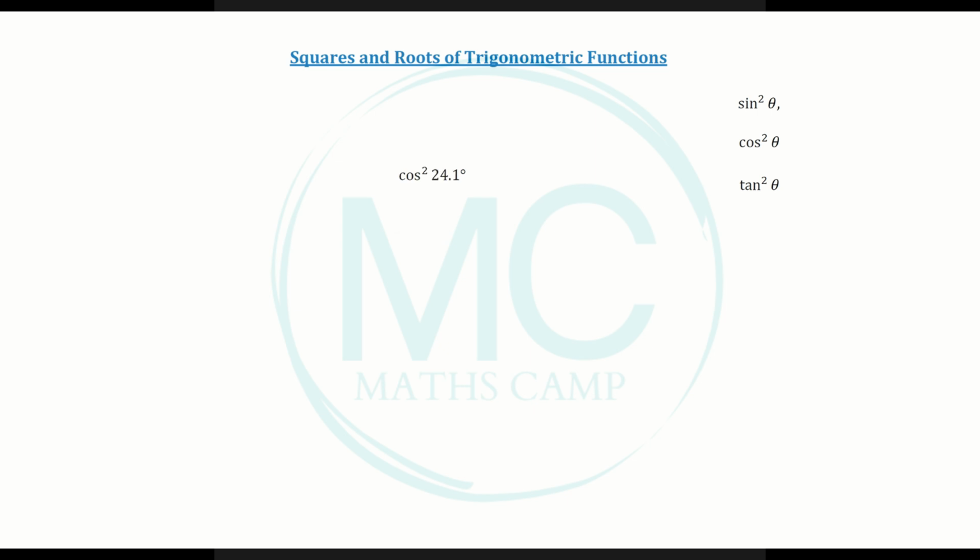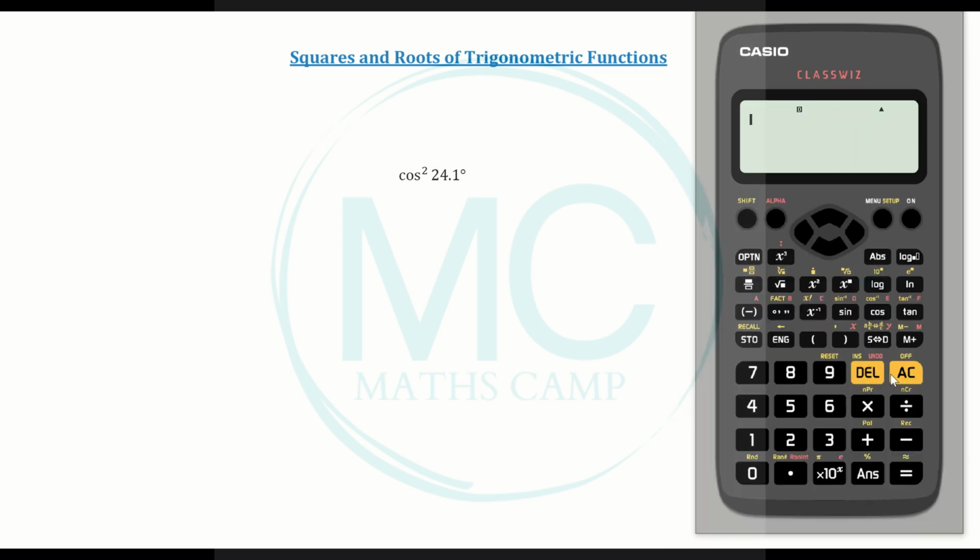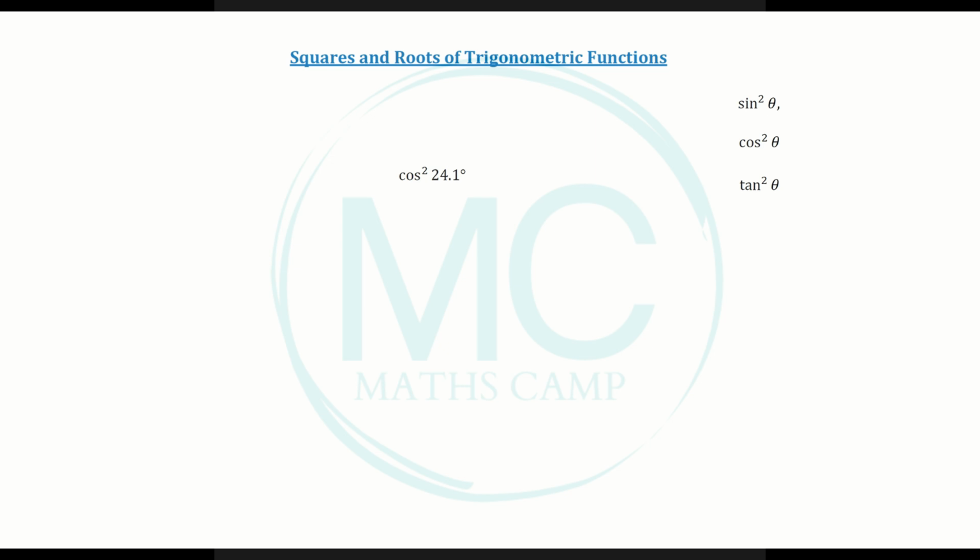Let's look at cosine squared 24,1 degrees. So we can say cos 24,1, close the bracket, squared, is equal to 0,833, round off to two decimal places, and we get an answer of 0,83.